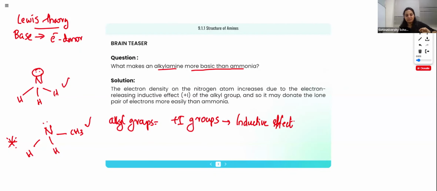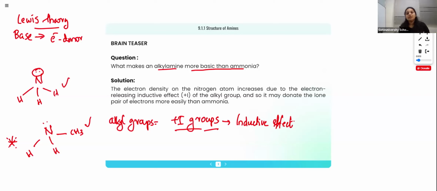Electron giving effect or electron releasing tendency. If a group has a tendency to release electrons, to give electrons, to donate electrons, that tendency is called a plus I effect or plus inductive effect. And the group which has a tendency to release electrons is called a plus I group.